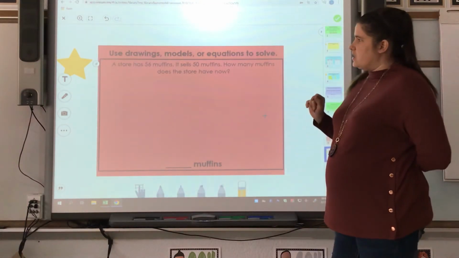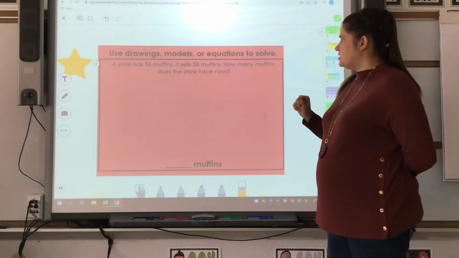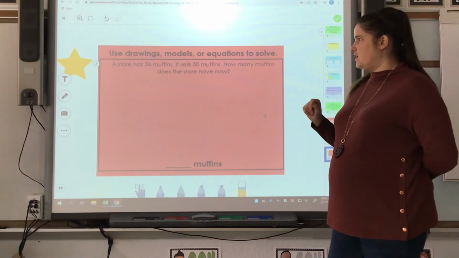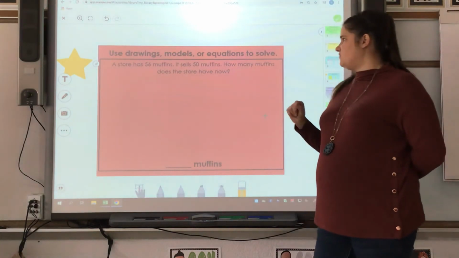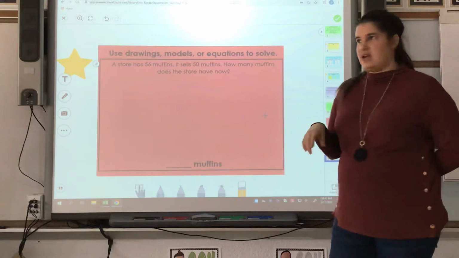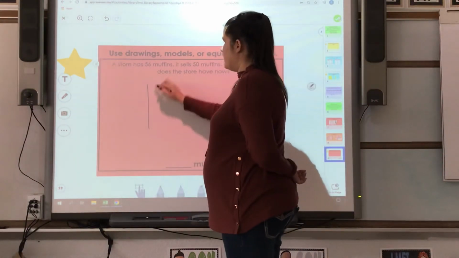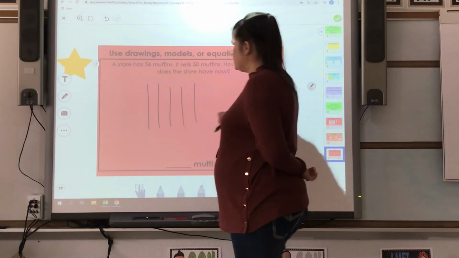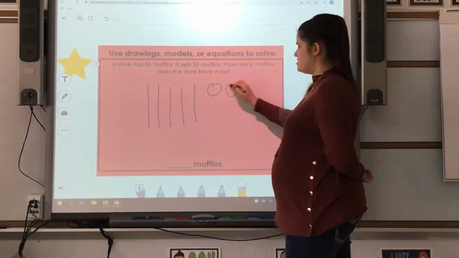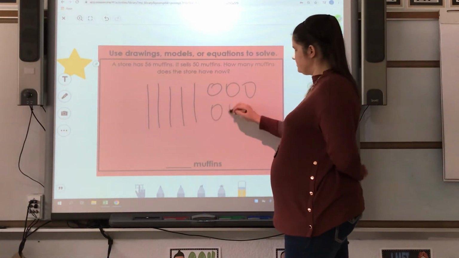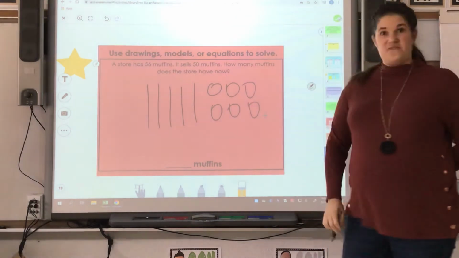Let's see. Use drawings, models, or equations to solve. A store has 56 muffins. It sells 50. How many does it have now? 56 is 5 tens, 6 ones. It sells 50 muffins.